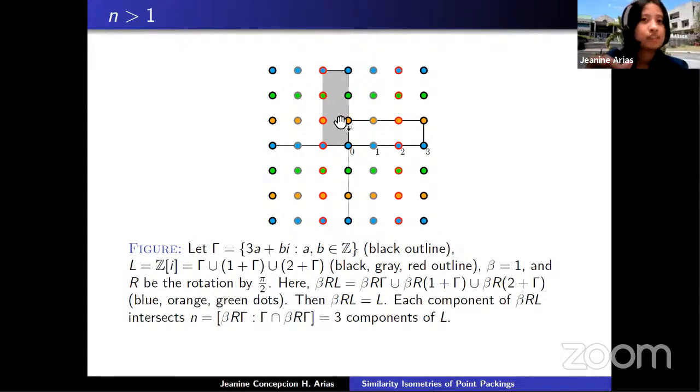And consider its shifted copies: 1 plus gamma, given by the gray outline dots, and 2 plus gamma, given by the red outline dots here. Then the union of the black, gray, and red outline dots forms the point packing L, which is actually just the square lattice Zi.